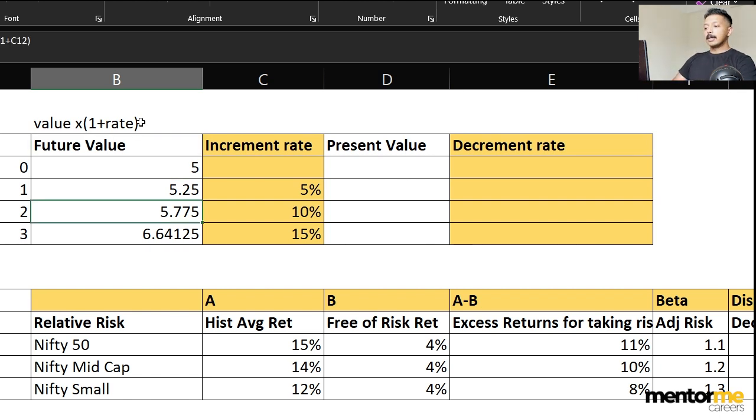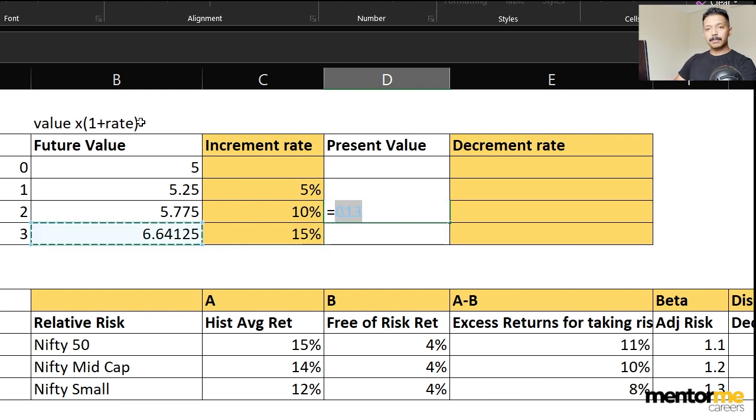Now, if you do the reverse calculation, it's exactly opposite. If somebody asks me what is the value of 6.64 at year 2, I take 6.64 and, instead of multiplying, I divide it by 1 plus the increment rate. For now, I'm just keeping it as simple as possible. So then the value comes back to 5.77.